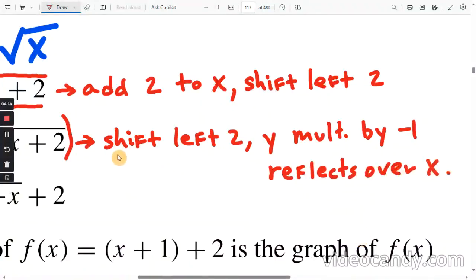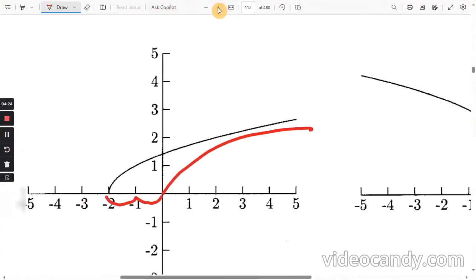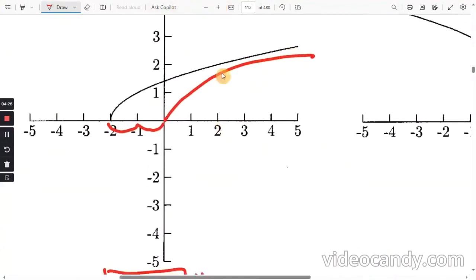All right, so it's shifted left by 2, but it's also reflected over the x-axis. Let's take a look at the graphs again. So in the first problem, we already did the shift left 2 units, all right? So we actually have that graph already. But the second step is to reflect it over the x-axis.